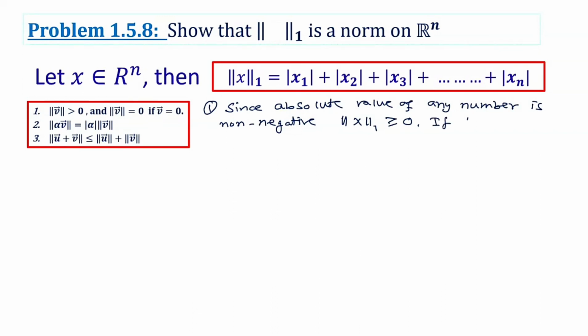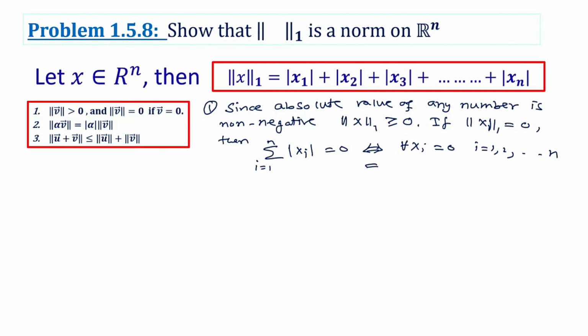If ‖x‖₁ is equal to 0, then the sum from i equals 1 to n of |xi| is equal to 0 if and only if all xi are equal to 0, i equals 1 to n. So this implies x is equal to 0. So this validates the first property.